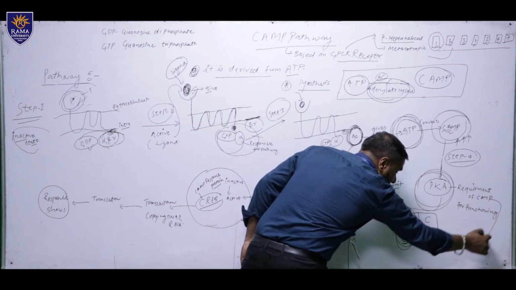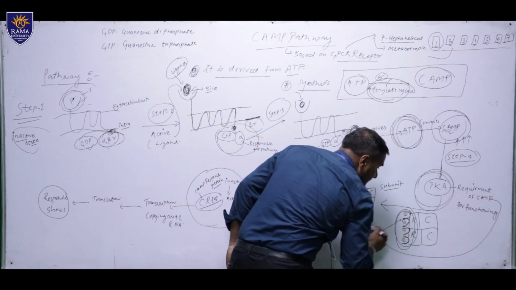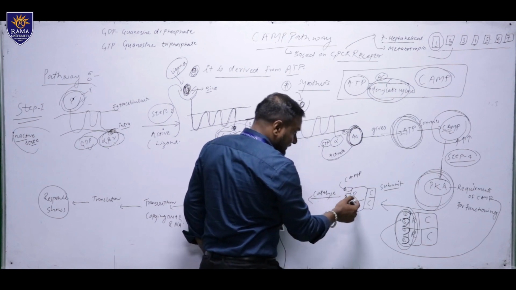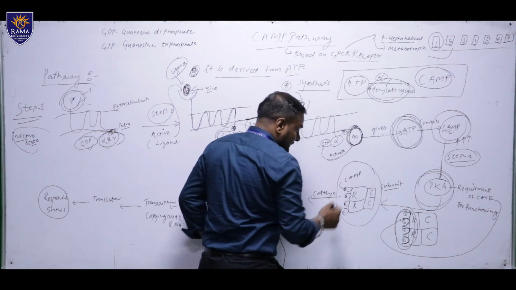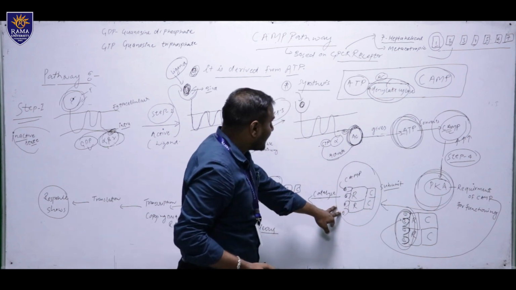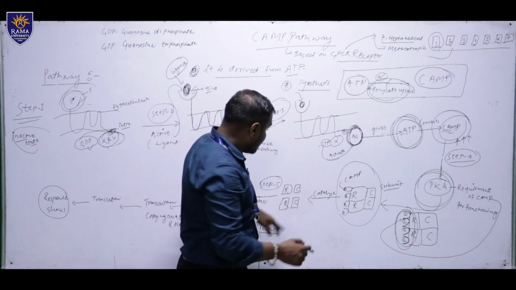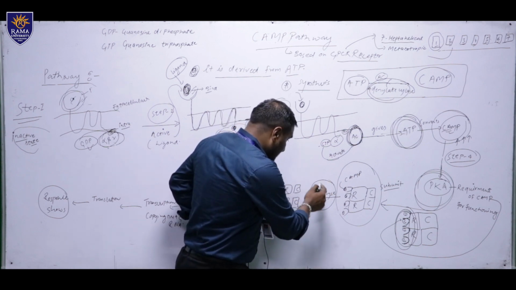Then this cyclic AMP binds with these regulatory subunits, and then you can see in this step these subunits catalyze the whole reaction. You can see in the next step, that is the catalysis.